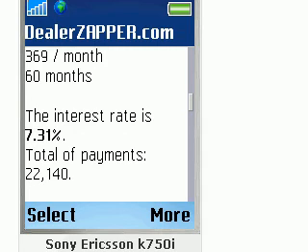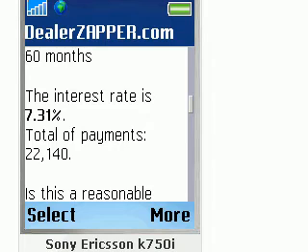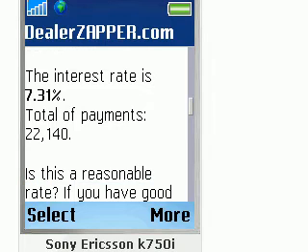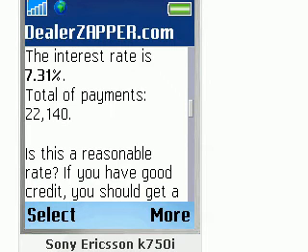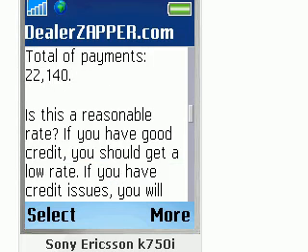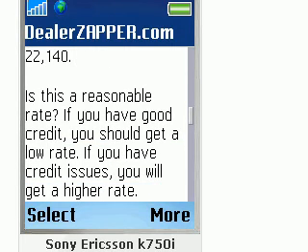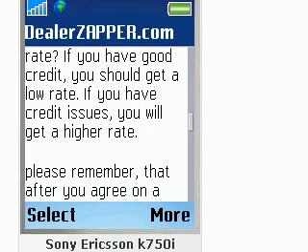It says the interest rate is 7.31%, and it tells you what the total of your payments is. That's basically it. And it says, is this a reasonable rate? If you have good credit, you should get a low rate. If you have credit issues, you'll get a higher rate.